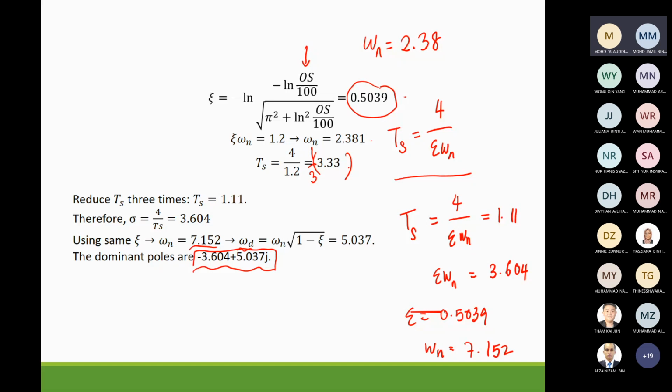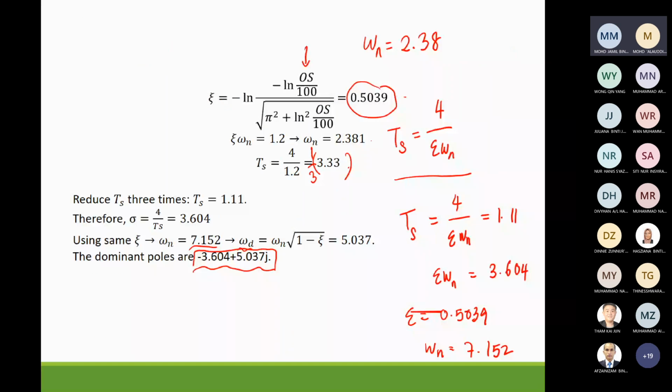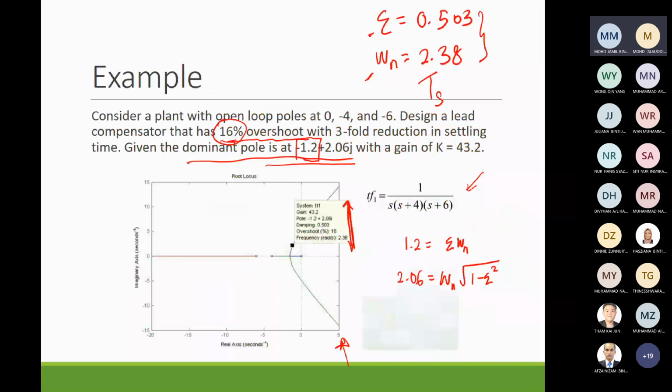Okay, so we have determined the new dominant poles. Now we need to determine the location of PC and ZC for the compensator. So remember, for lead compensator, ZC must be bigger than PC. Usually you are given the value of PC or ZC, either one of them.